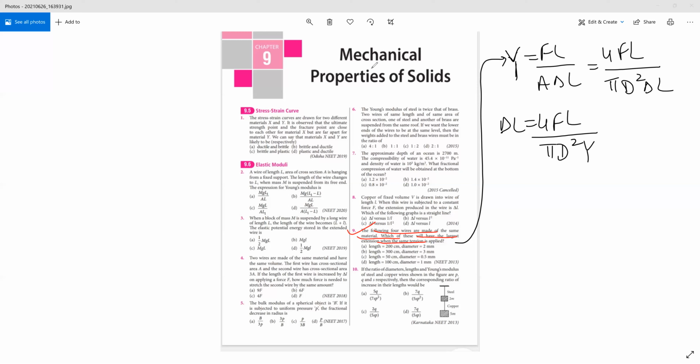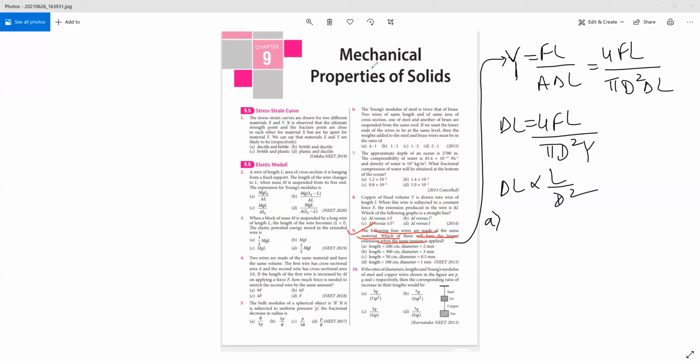F is the force applied, L is the length, D is the diameter, delta L is the extension of wire. As each wire is made up of same material, therefore Young's modulus is same for each wire. That is given by delta L is directly proportional to L divided by D square.